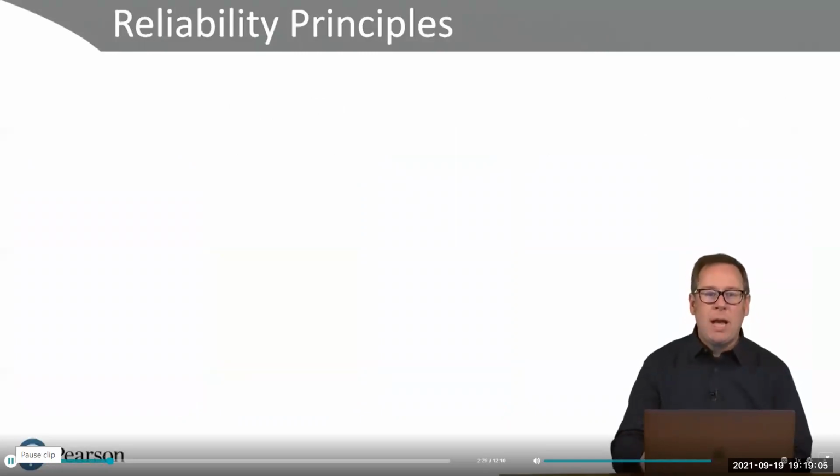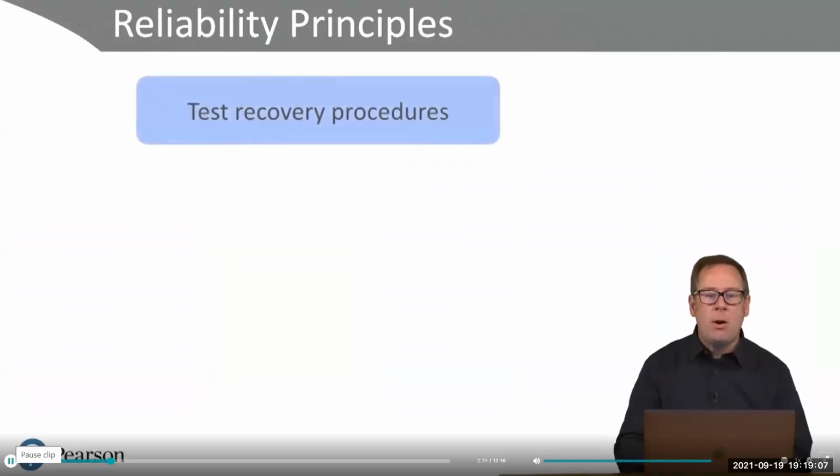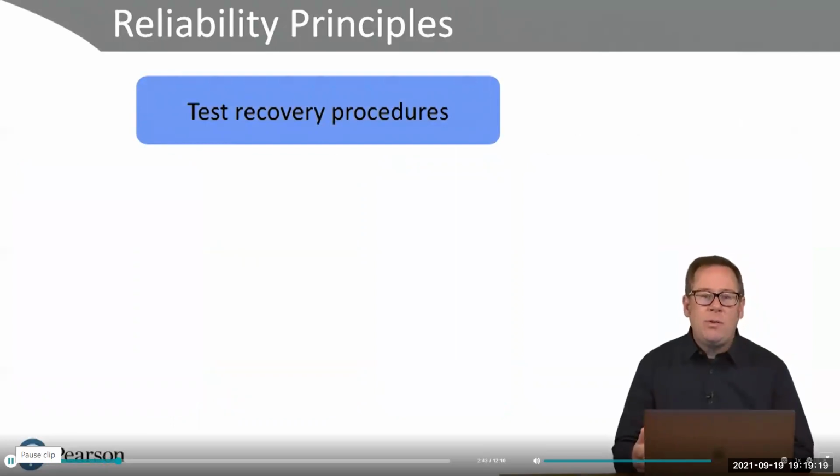The first is reliability, and there are a number of principles associated with it, like testing your recovery procedures. This is going to be a direct mention of disaster recovery and how you design your infrastructure to be able to be replaced if needed.